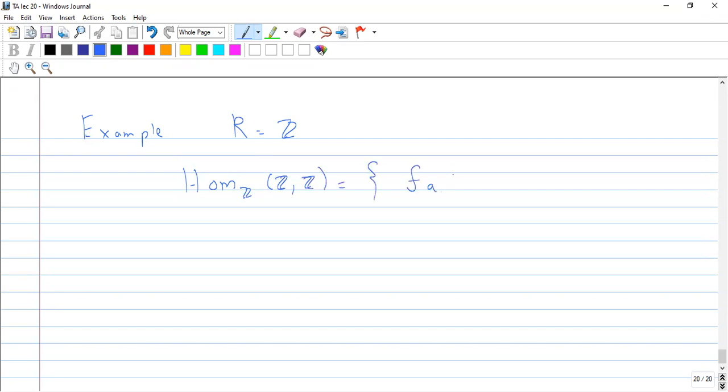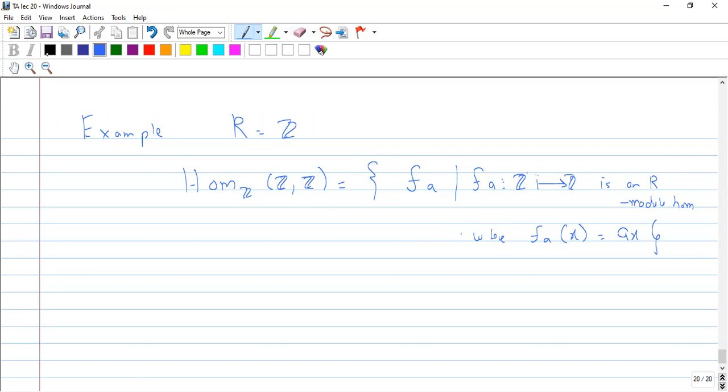So it contains all maps which are induced by integers, and f of a is defined in this way. और बेटर तरीके से लिख देता हूँ, that f of a, Z to Z, is an R module homomorphism, and where f of a किस तरह से define होता है, अगर इनपुट x है तो आउटपुट क्या आ जाएगा, ax आ जाएगा.